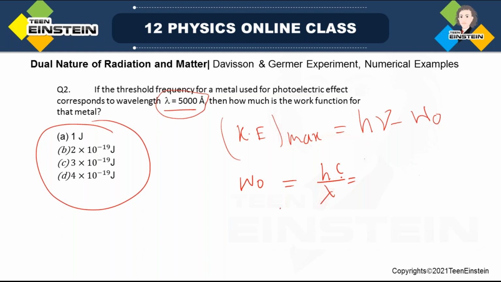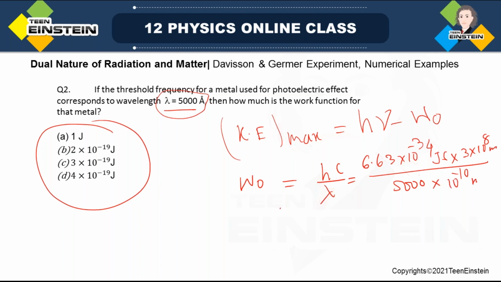So this h is 6.63 into 10 to the power minus 34 joule second, and c is 3 into 10 to the power 8 meter per second, divided by 5000 angstrom, that is 10 to the power minus 10 meter. If you just do this calculation, then you must be getting the answer.